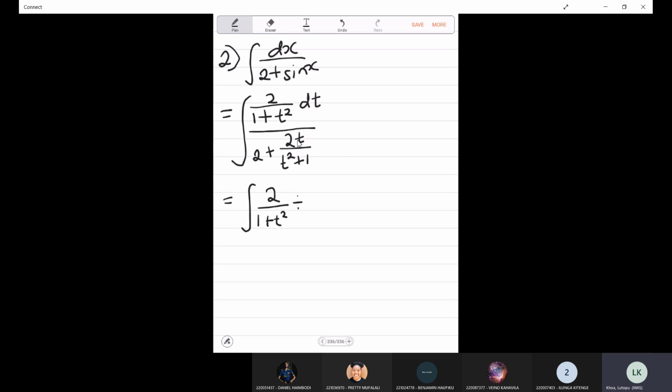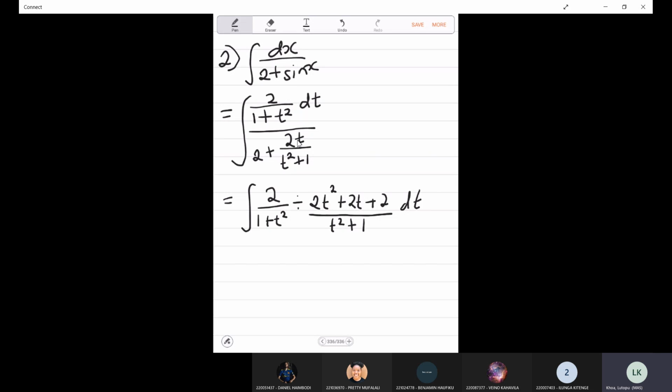Okay, so this is 2t squared plus 2t plus 2 divided by t squared plus 1, or 1 plus t squared, and there's a dt over here.